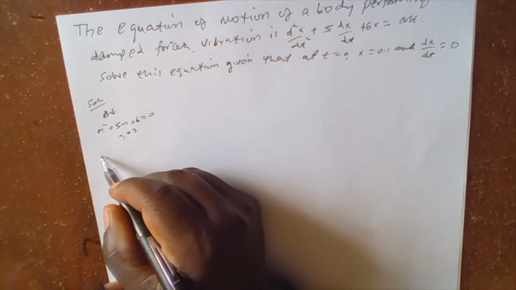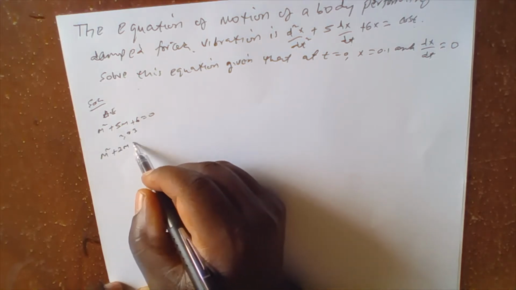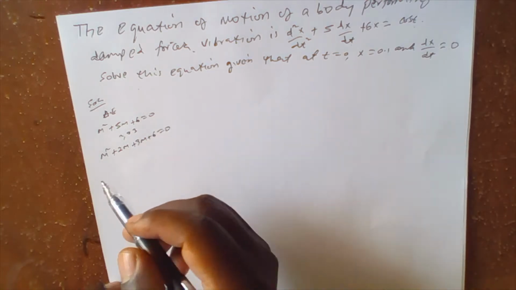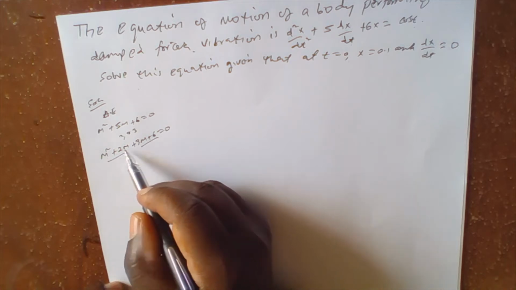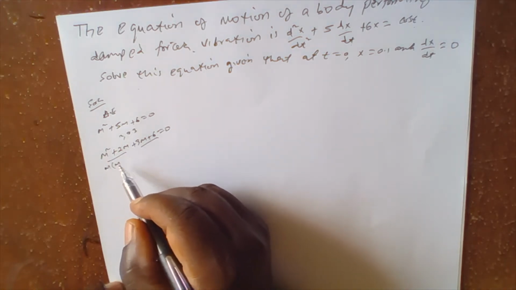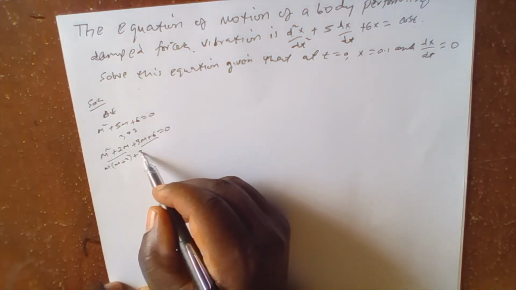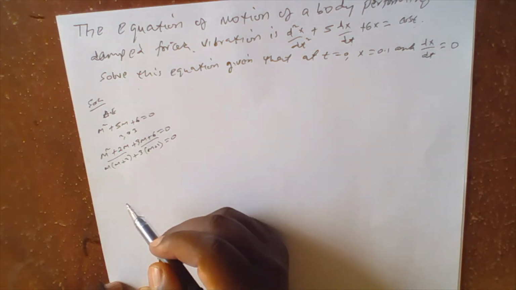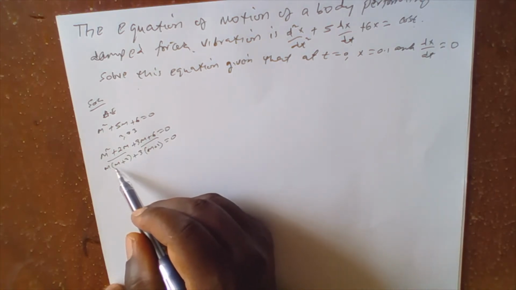Therefore we have m² + 2m + 3m + 6 = 0. So we factorize. From m² and 2m, we take m out and remain with m + 2, plus the common factor 3 into m + 2. This equals 0.